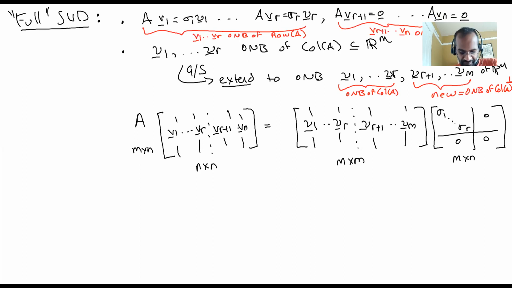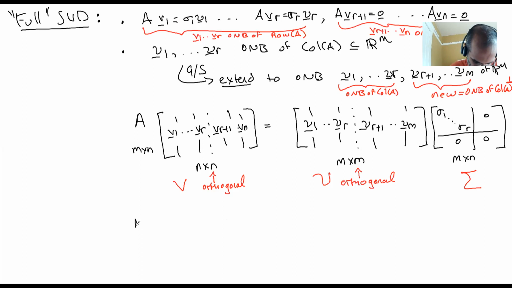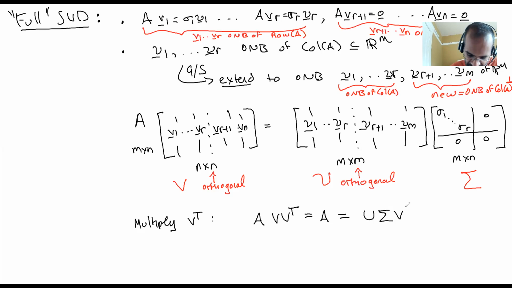And similarly, you can find these other U's. But now the upshot, the whole reason for doing this, is that this is now an orthogonal matrix. And this is also orthogonal. So let's call this V and let's call this U. And let's call this sigma. And now, if you multiply by V transpose, you literally get that A V V transpose, which is just A now because V is orthogonal, is equal to U sigma V transpose.